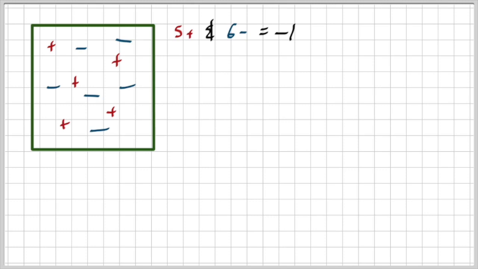So my net result would be -1 because there's one more negative than there is a positive. I hope you get that. Now, in this box I can add as many pluses and minuses as long as I end up with one more negative than a positive, then my net result will still be negative. Let me explain.